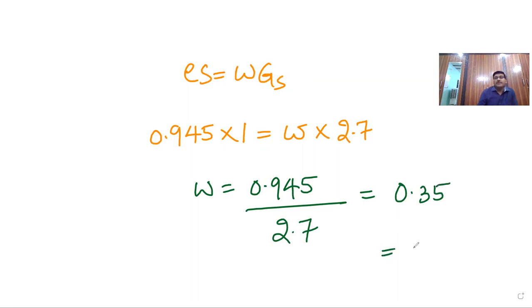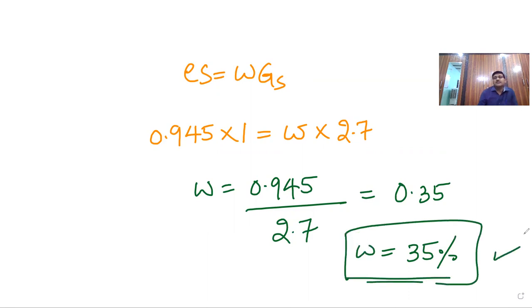To convert into the percentage, 35%. This is omega. Answer is this. That means at 35% water content, all the voids are fully filled with the water, that is fully saturated.